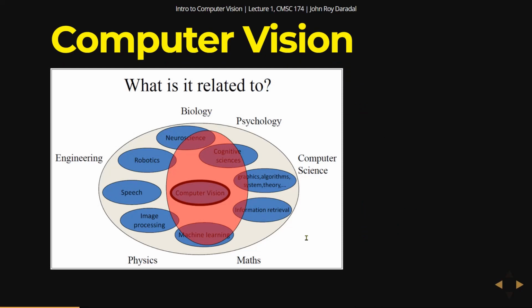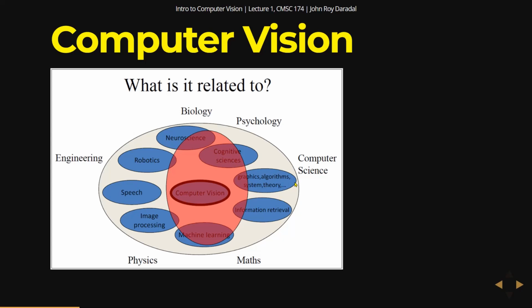So computer vision is related to other branches of science like biology and psychology. So it's related to neuroscience and cognitive sciences, because we need to be able to figure out how the humans see and understand what it is seeing, right? So some knowledge of neuroscience and cognitive science would be handy, right?